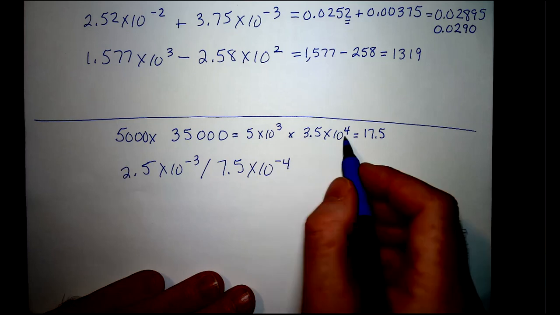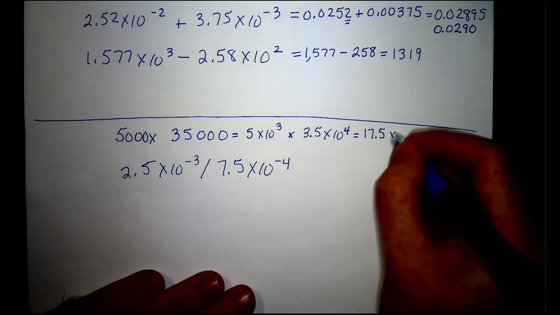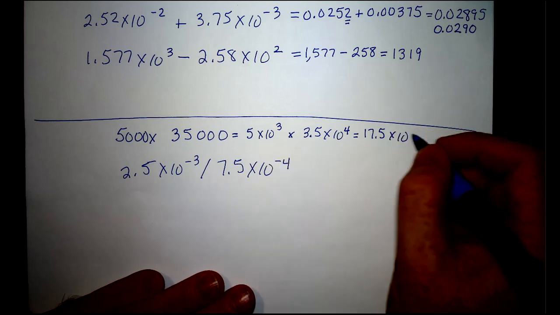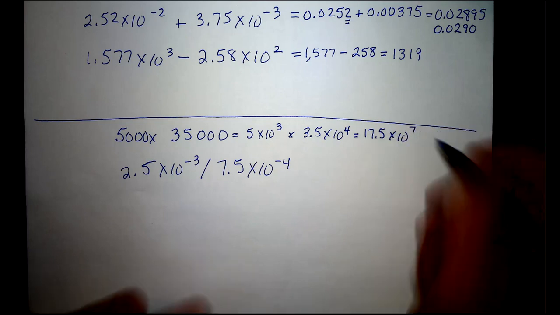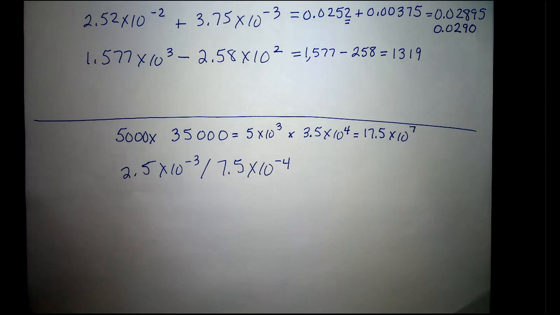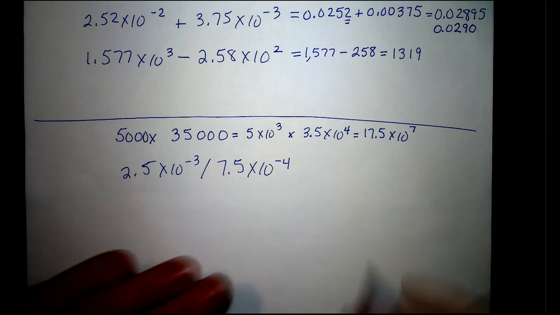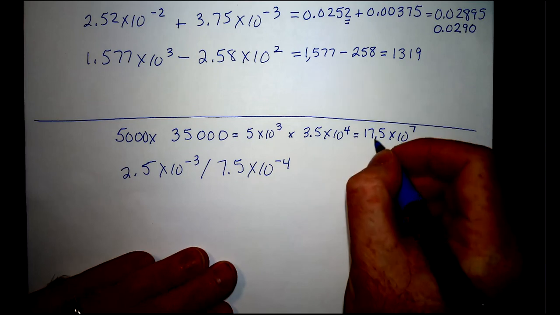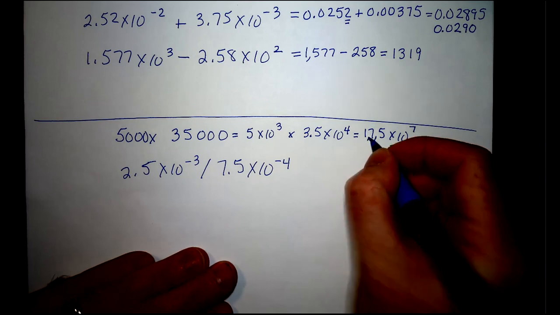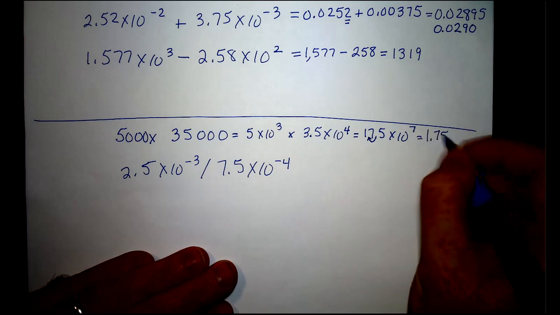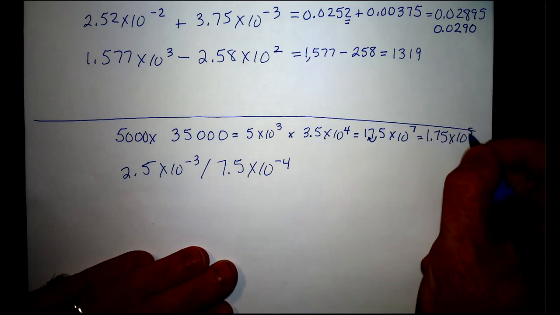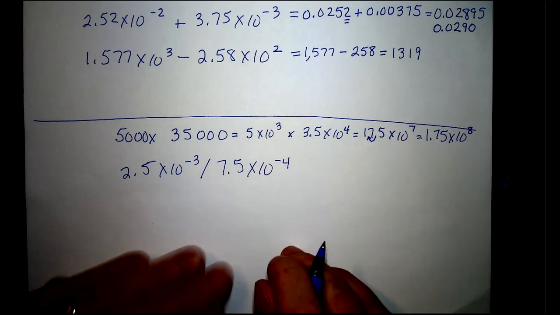And then add the exponents, so you're going to say times 10 to the 7th. But that's violating one of the rules that we've got. I don't want to leave it there. I'm going to have to move my place 1 over, so I'm going to say 1.75 times 10 to the 8th to get the number right.